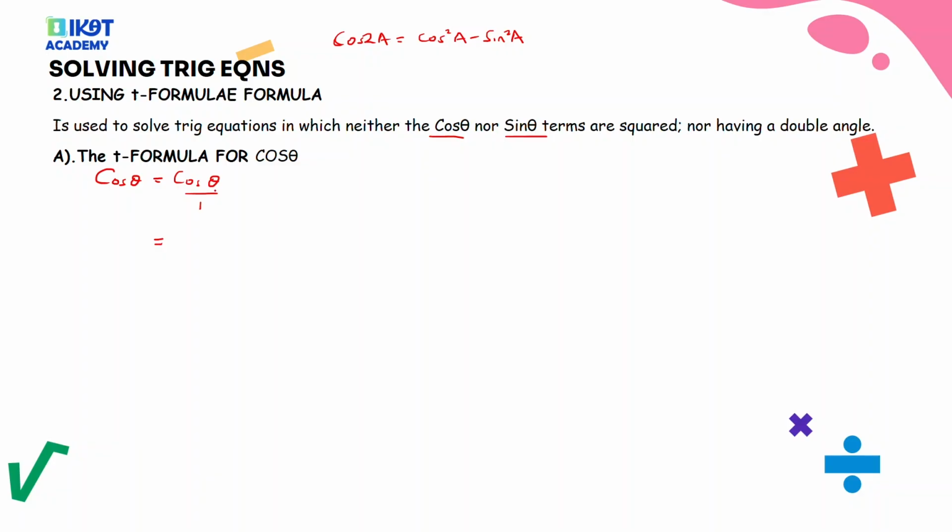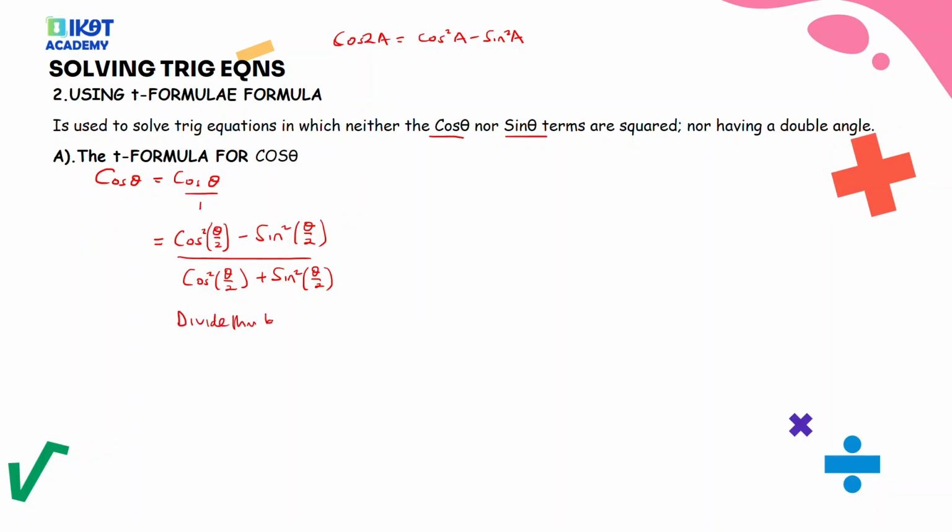So if this is cos theta, you can have cos squared theta out of 2 minus sine squared theta out of 2, out of, now this one we can express as cos squared theta out of 2 plus sine squared theta out of 2.